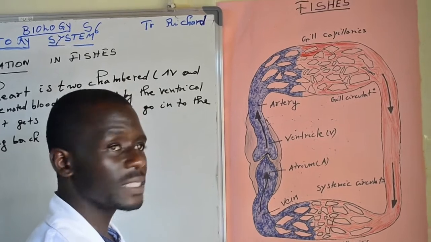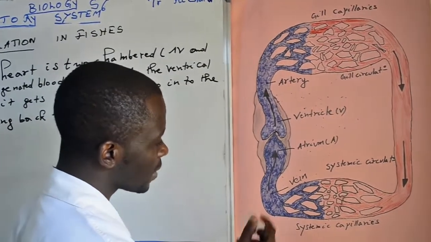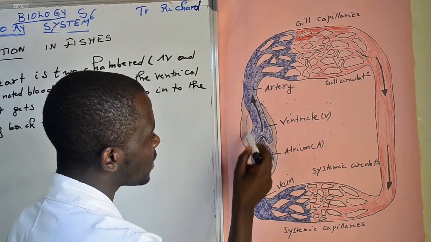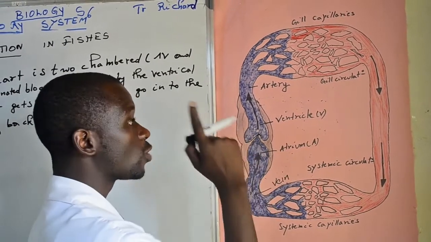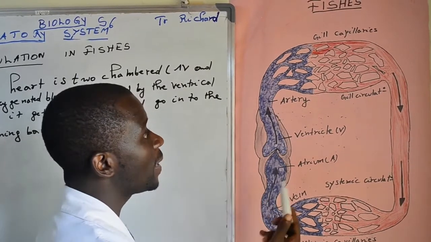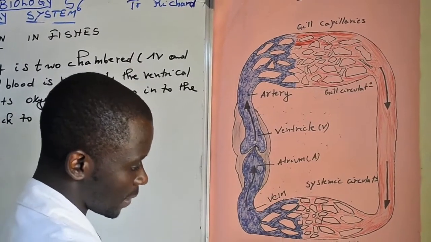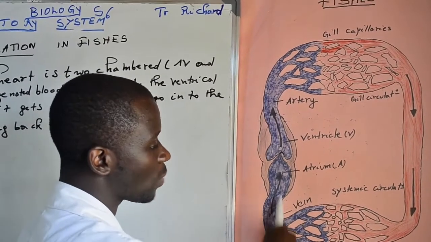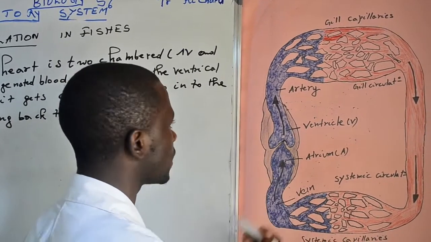Why do we say that it's a single circulation? Blood passes through the heart only once to complete a full circulation, from the gills to the systemic capillaries and back to the heart. It all makes a single way. That's why we say it's a single circulation.